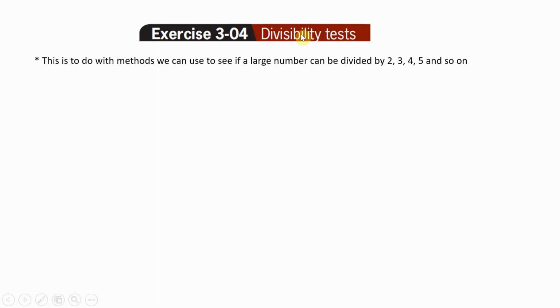All right, let's have a look at divisibility tests. But before we do, let's have a look at what divisibility means. As you might guess, divisibility is to do with dividing. In this section, divisibility tests are tests that we apply to large numbers to see if we can divide them by 2, 3, 4, 5 and so on.